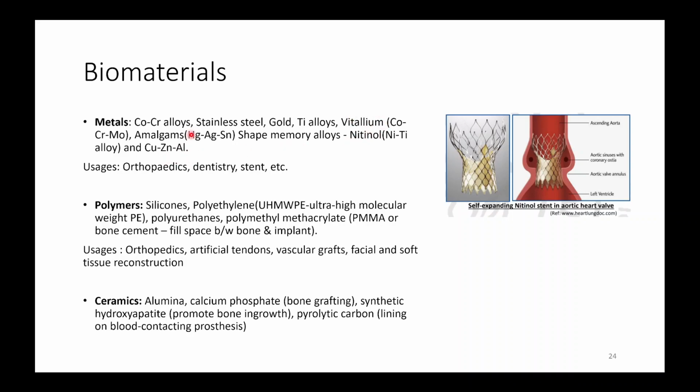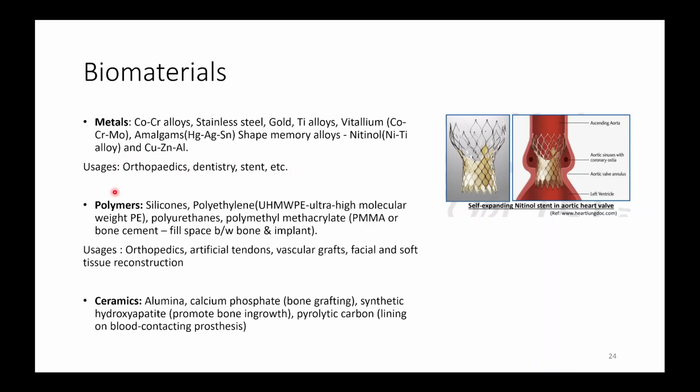And beryllium, which is cobalt, chromium, molybdenum alloy, amalgams, which is mercury based alloys, shape memory alloys such as nitinol, and cobalt zinc aluminium alloy. These can be used in orthopedics, dentistry, stent, etc.